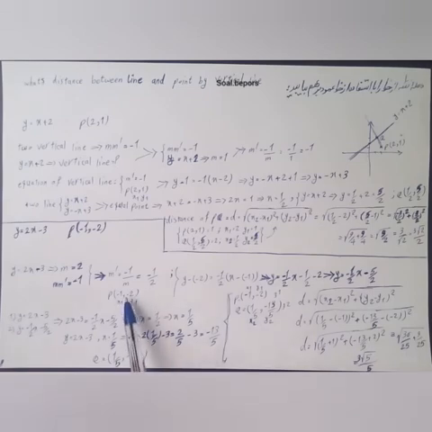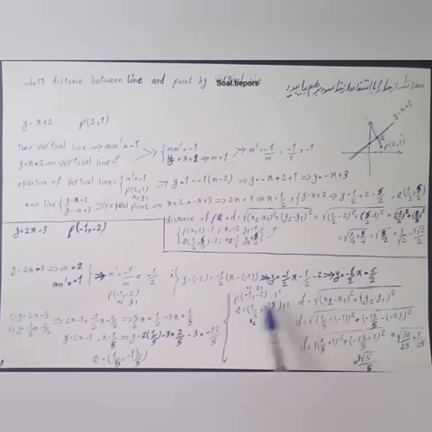So we find the distance between two points: we put one of them as point 1, x1 y1, and the point Q, whose x is x2 and y is y2.